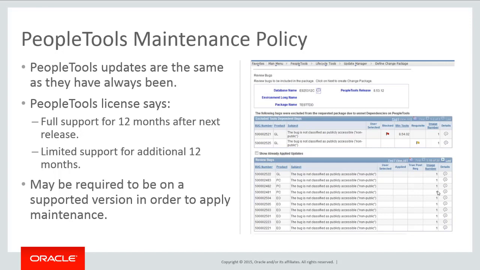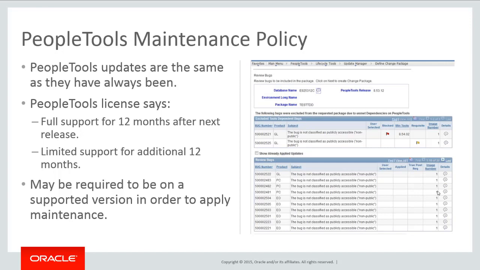For example, 8.54 was released in July 2014. That means PeopleTools 8.53 will be fully supported until July 2015, that's the first plus 12, and then critical fixes like security vulnerabilities for an additional 12 months. That's July 2016. After July 2016, 8.53 is no longer supported.